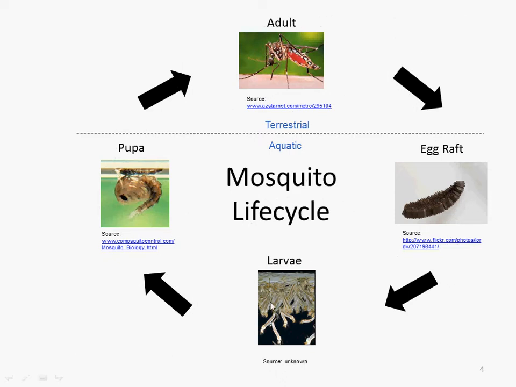where they're predated on by other animals, including dragonflies, for example. They emerge into pupae, and the pupae remain in the water, and at some point they emerge into the air and can become airborne and start to take blood meals of their own if they're female.